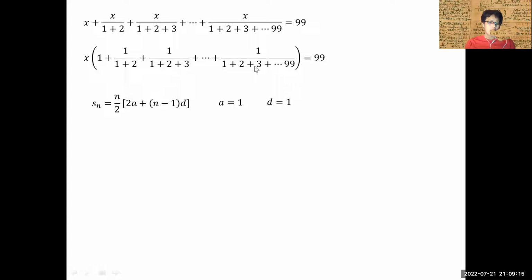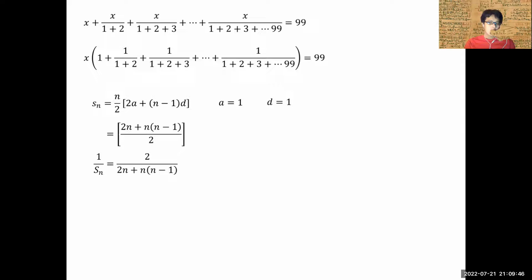For example, 3 minus 2 is 1, 2 minus 1 is 1, so on and so forth. So the arithmetical series, if I rewrite this, will be 2n plus n of n minus 1 over 2. I'm just expanding this and replacing A and d with 1.